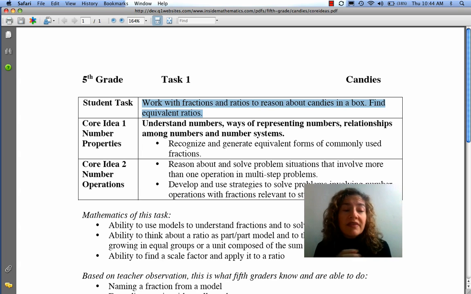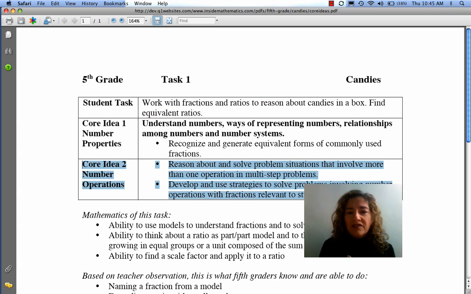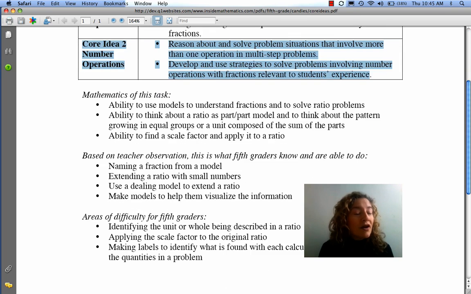In order to do that, this connects to 2 of those core ideas. Number properties, where they are understanding numbers, ways of representing numbers, relationships among numbers and number systems, and number operations, where they are reasoning about and solving problem situations that involve more than one operation and multi-step problems, and so on.